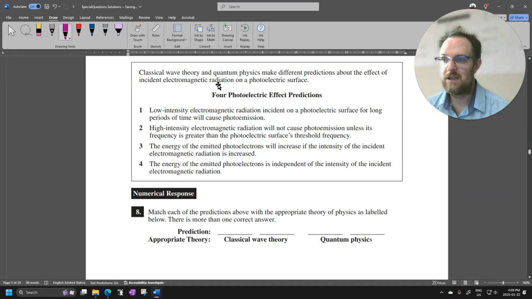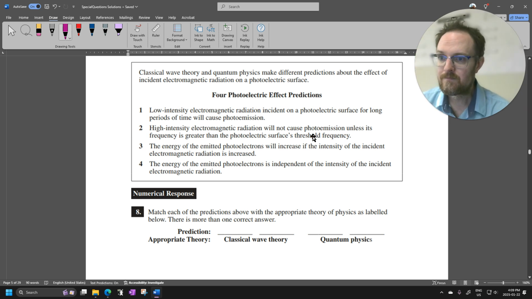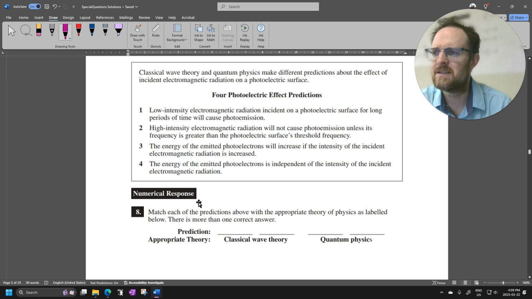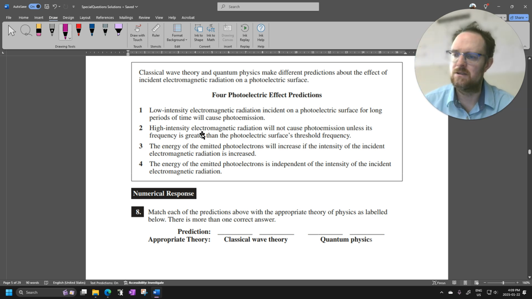Classical wave theory and quantum mechanics make different predictions about certain things. Some of these are going to be wrong, right? So usually the classical ones are the wrong ones. Okay, let's see what it says. Low intensity electromagnetic radiation on a surface for a long time will cause photon emissions.